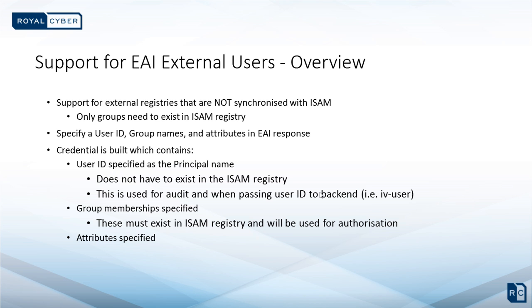With ISAM 7.0 and above, you can set support for external users that do not exist or are not synchronized with the ISAM registry, though the condition is that the users should exist in the ISAM registry. And application owners need to specify the user IDs, group names, and attributes in the external authentication response. When using external authentication, the external authentication operation is performed for WebSEAL by a custom application located on a remote junction server, and the design, methodology, and code for the custom authentication application is entirely the responsibility of the application developer.